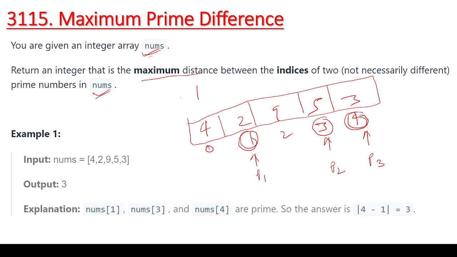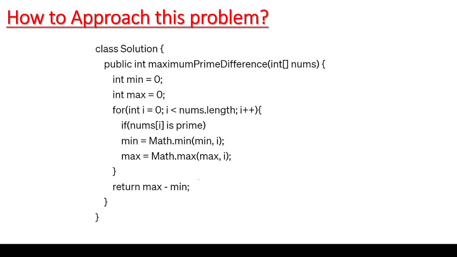So what we will do is 4 (max) minus 1 (min) is your result, and we will return this. This is called the maximum distance between the two indices. Now let's focus on how to approach this problem.